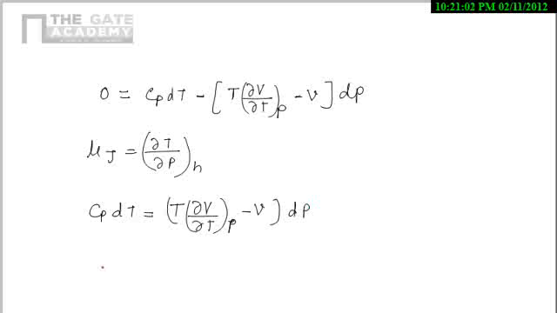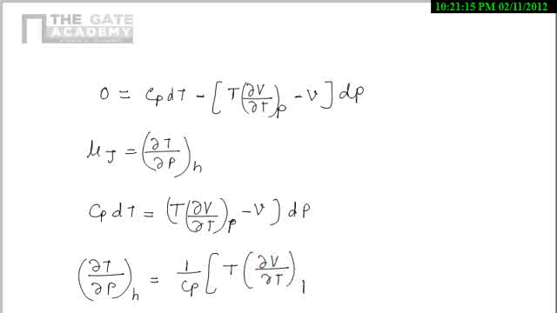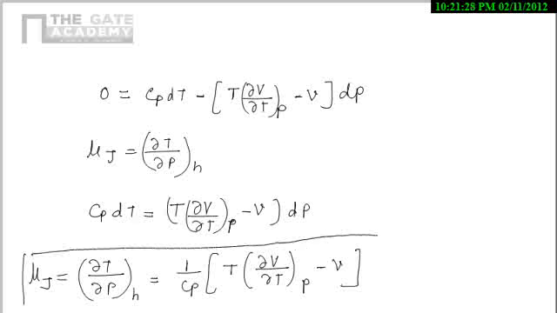So at constant enthalpy, del T by del P at constant enthalpy will be 1 by Cp into T (del V by del T) at constant pressure minus V. So see this thing, this is nothing but mu J. So mu J will be 1 by Cp into T (del V by del T) at constant pressure minus V. So the correct answer is P.